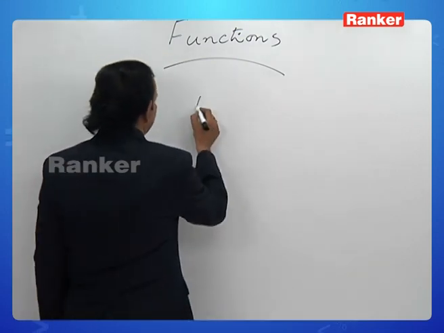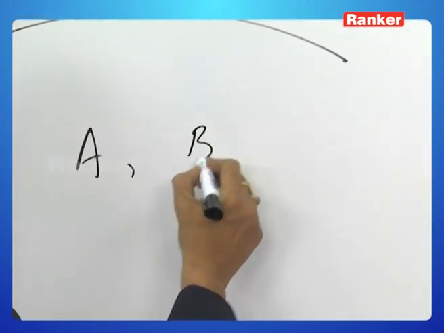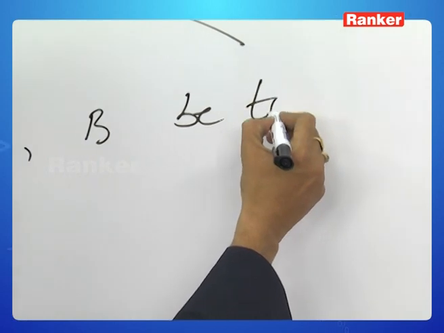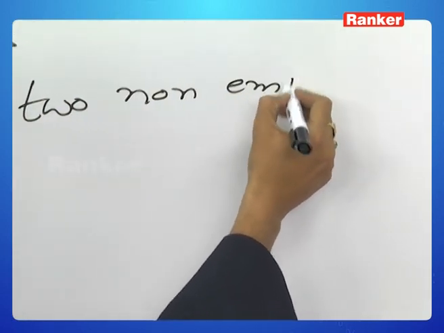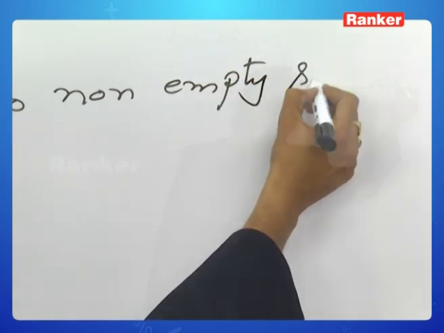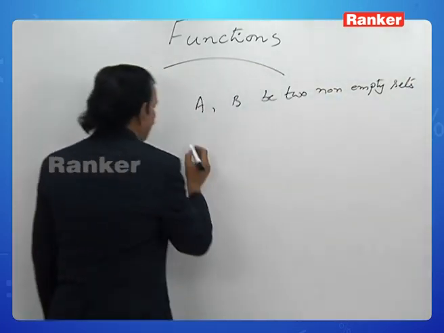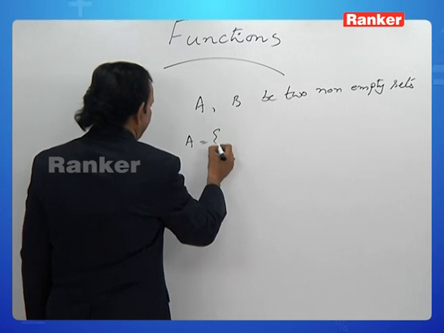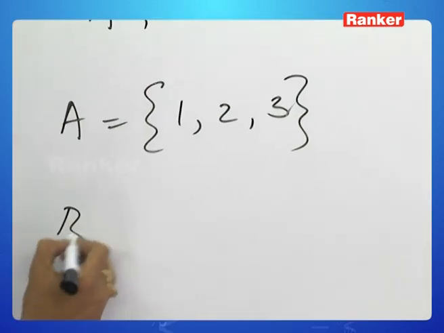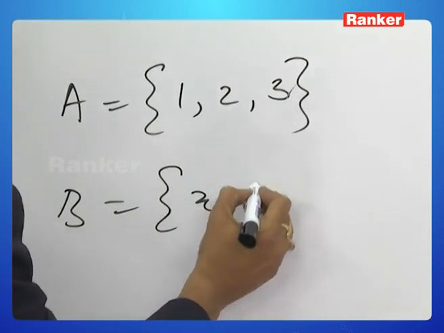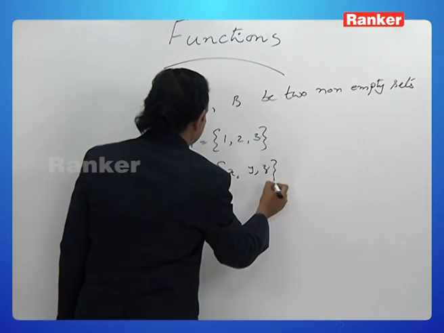Well, let A, B be two non-empty sets. As an example, let A is equal to {1, 2, 3} and B is equal to {x, y, z}.